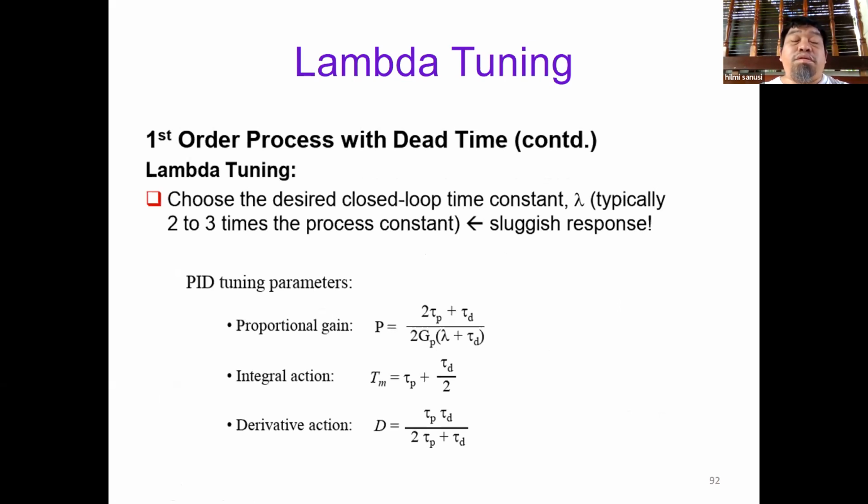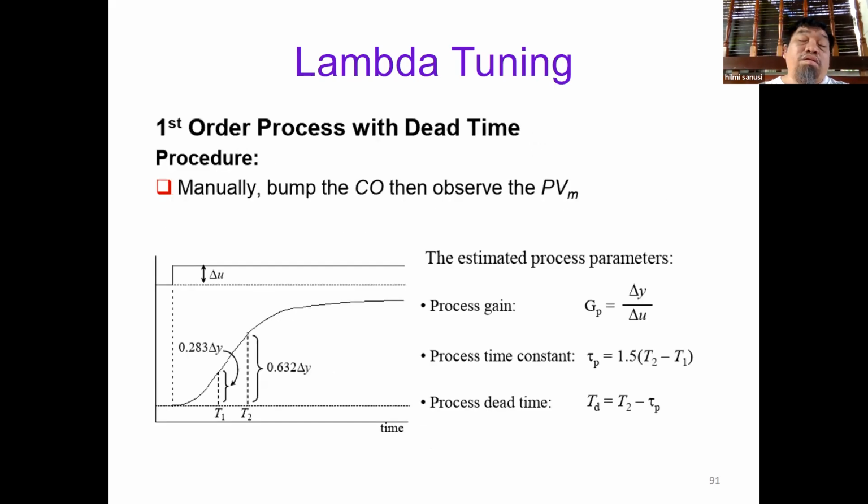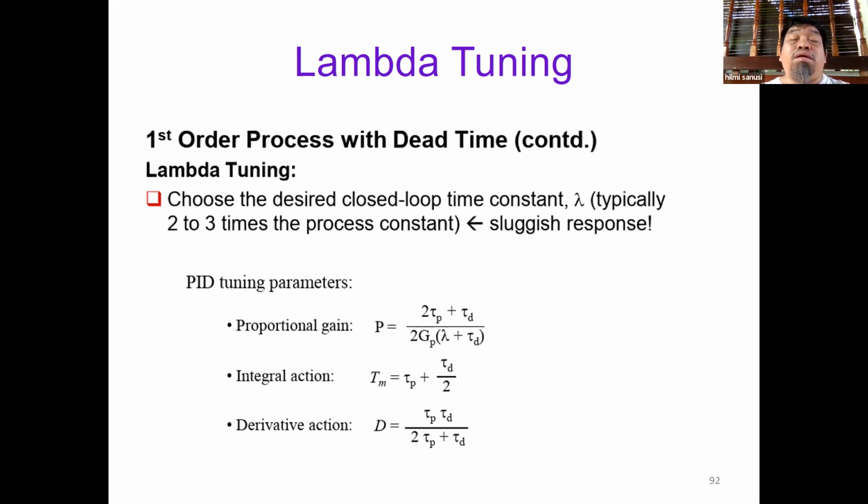So sama je. Instead of dia pakai dead time dengan rise time, kita kira lain lah. Dia punya proses ada process time constant dengan process dead time. Lepas tu dia ada satu design closed loop time constant.